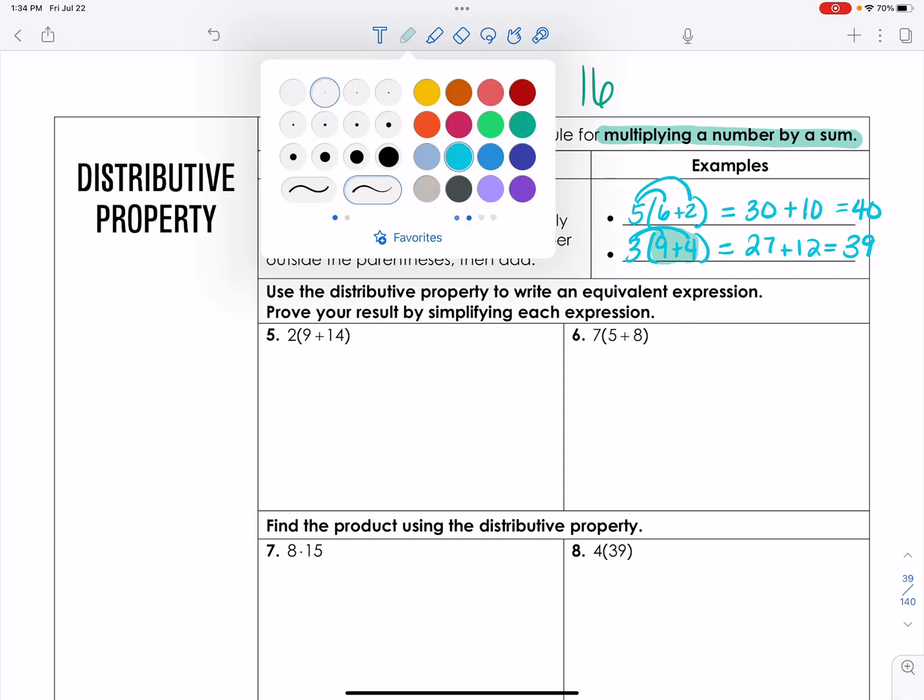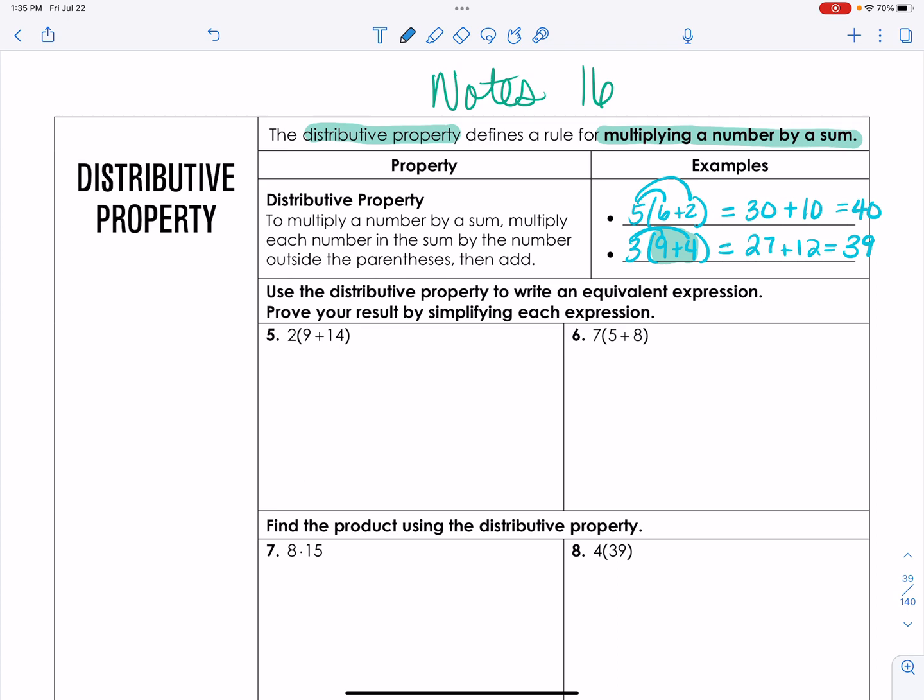So they want me to do the distributive property on this. That would be 2 times 9 plus 2 times 14, right? So I'm multiplying the 2 into both of them. If I prove it, this is 18 plus 28, and 18 plus 28 is 46.